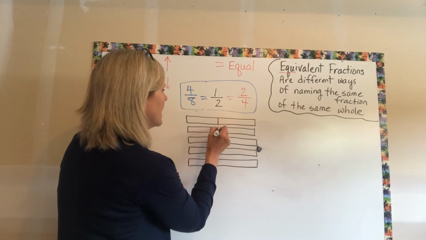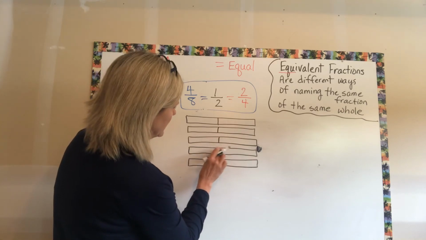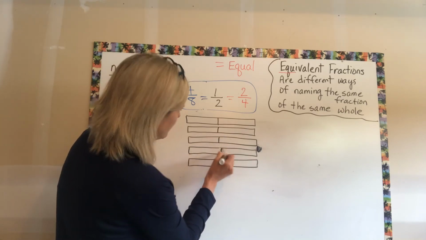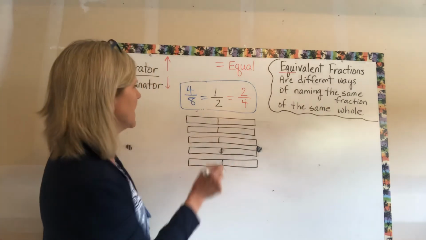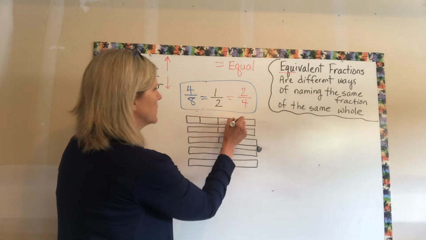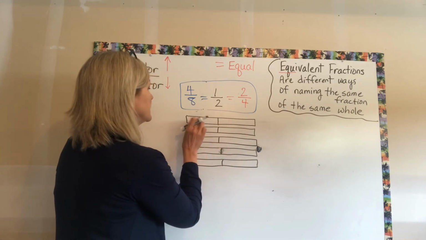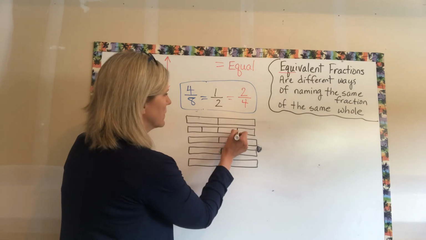So we've got 1/2, 1/2, 1/2, 1/2. Oops, that's bad. It's got to be the same. Okay, 1/2. Bear with me, and 1/2. Okay, and then they're gonna divide this one into 4ths. 4 and 4.